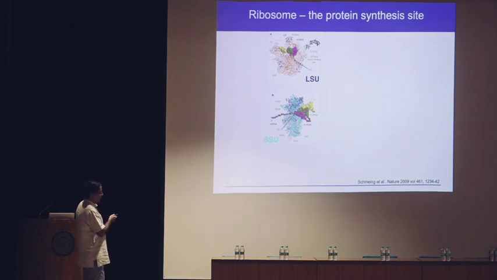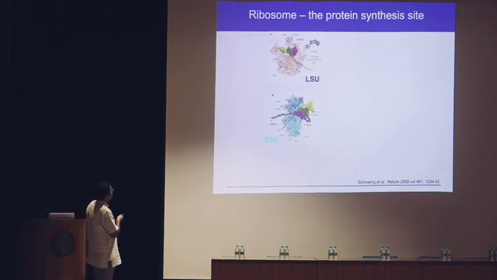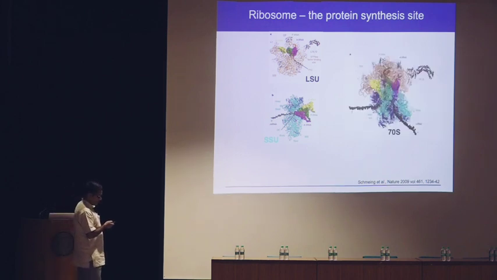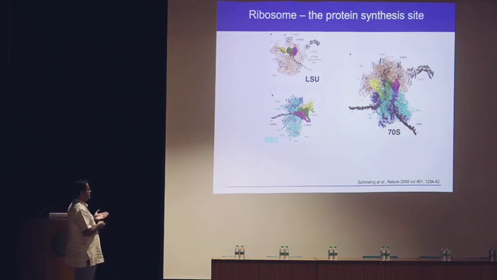The large subunit harbors the peptidyl transferase center, where the actual peptide bond formation takes place. To do protein synthesis, the 2 subunits have to join together and form a functional ribosome, that is 70S in prokaryotes and 80S in eukaryotes.